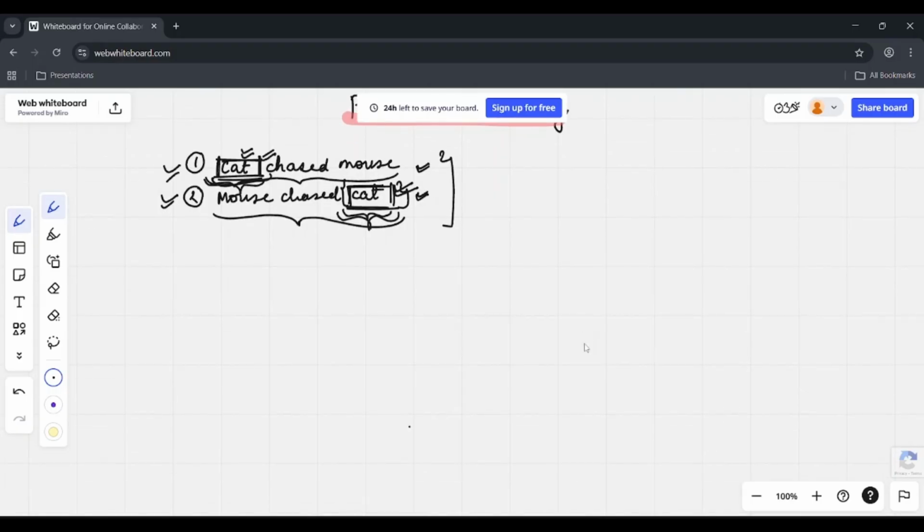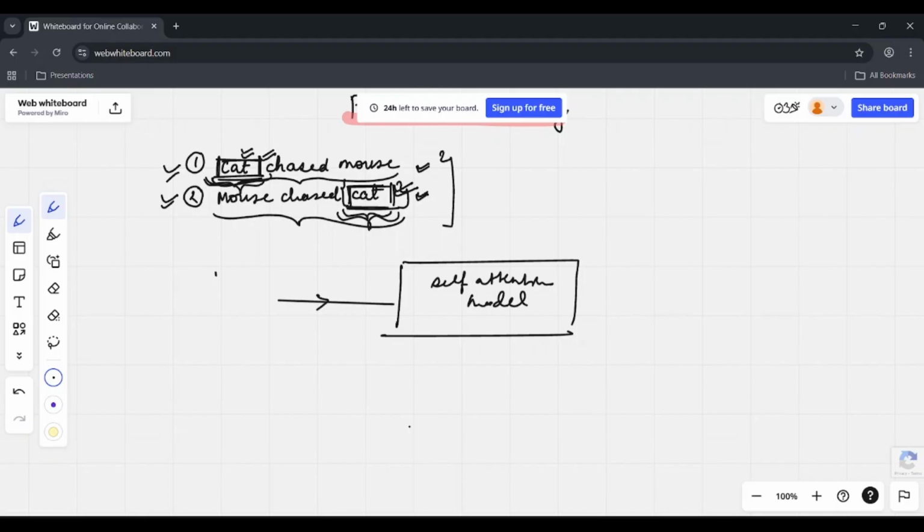A very simple solution can be this: let's say this is our self-attention model. Then a very simple way would be that the word embeddings that we are passing are nothing but vectors. For example, let's say this is the vector for my cat. Let's say it contains certain numbers.